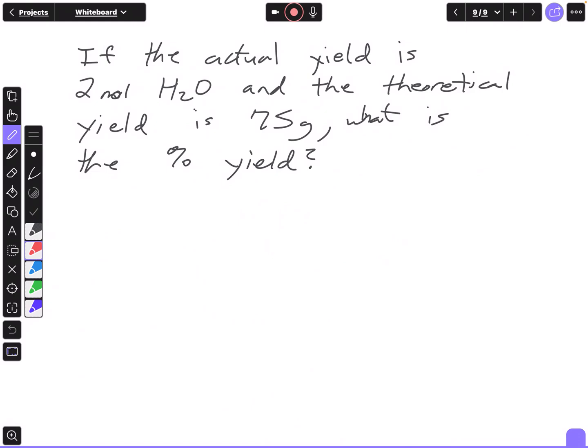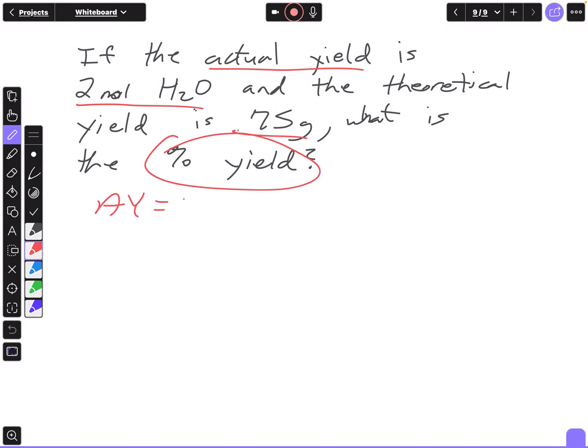Basically, this says if the actual yield is 2 moles of H2O and the theoretical yield is 75 grams, what is the percent yield? So it's telling me my actual yield is 2 moles, and it tells me the substance, H2O. My theoretical yield is 75 grams of H2O, and the percent yield is my unknown.